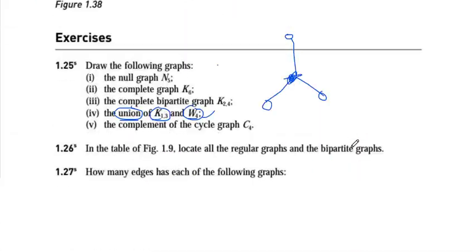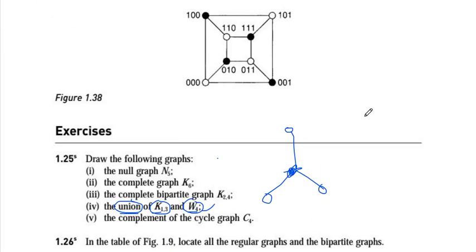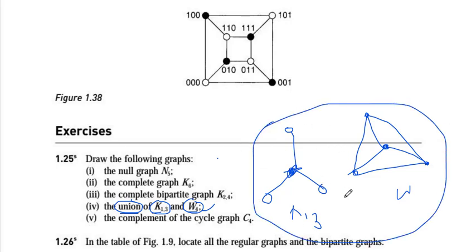So, cycle graph of 4, let's say 3, and one is the center. This center point is connected with all the vertices. So this is W4. For the union of K_1,3 and W4, you just put them together like this. So this is the union graph of K_1,3 and W4.